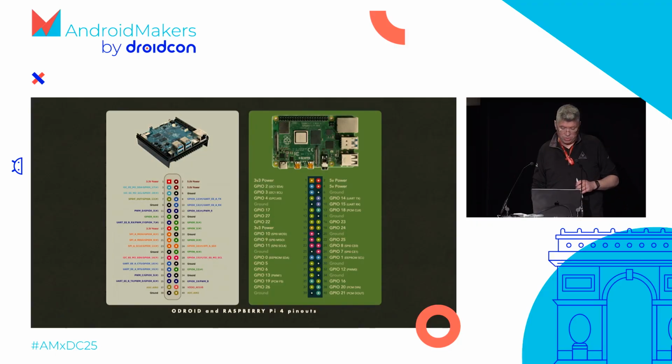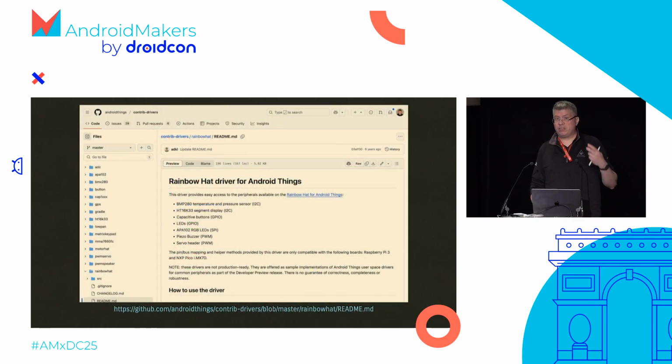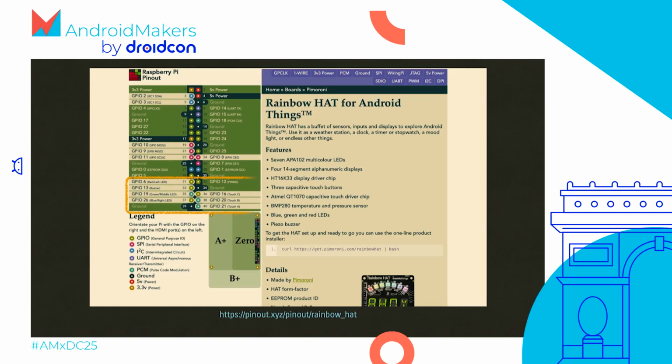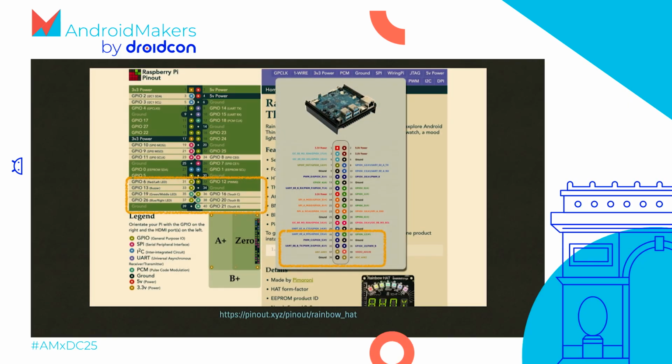A thing I did run into here is that the pinouts are slightly different between these two boards. The Odroid has a few less GPIO pins, which it uses for different purposes. That required me to tweak the rainbow hat driver that's part of the contrib drivers. Long story short, that orange block right there is the one that's in contention.